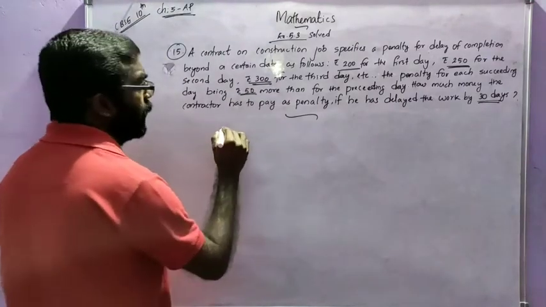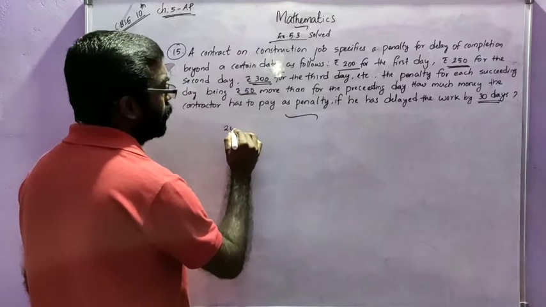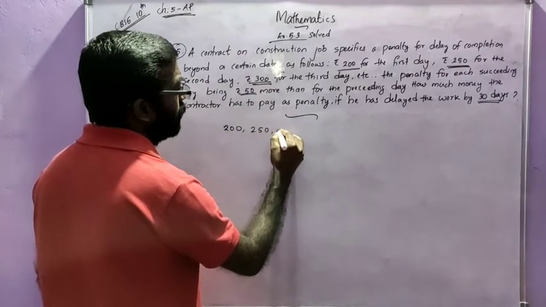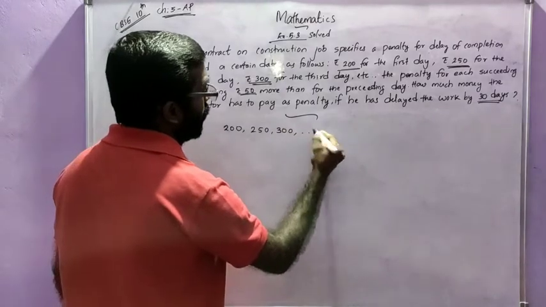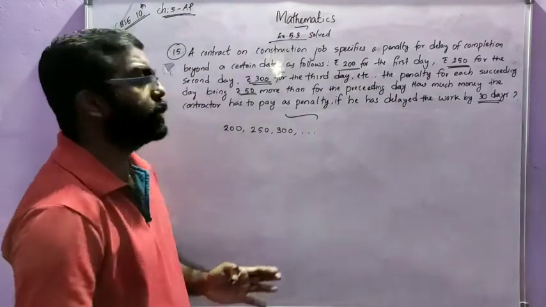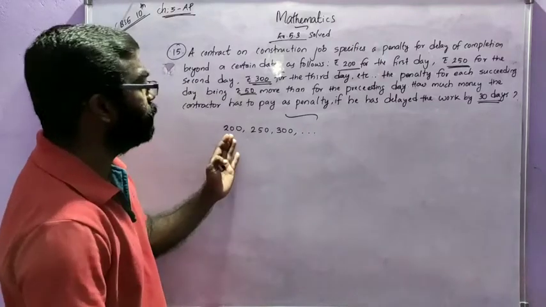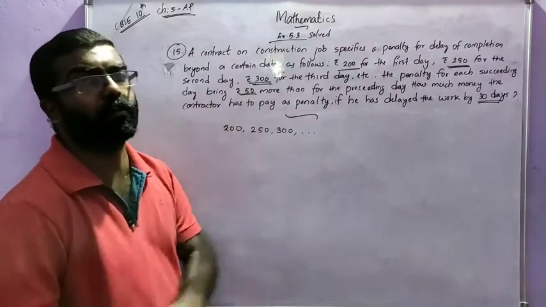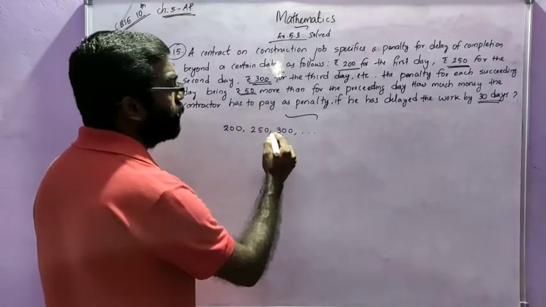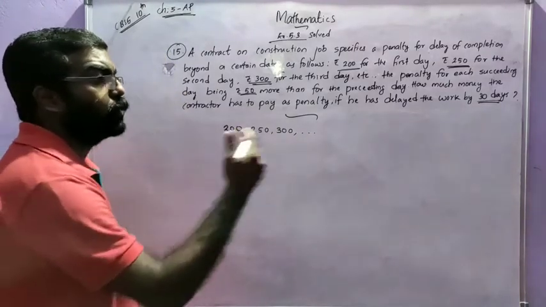So we can write the numbers as 200, 250, 300, etc. Clearly each term of this sequence is obtained by adding the number 50 to the preceding term. 200 plus 50 is 250, 250 plus 50 is 300, and so on.